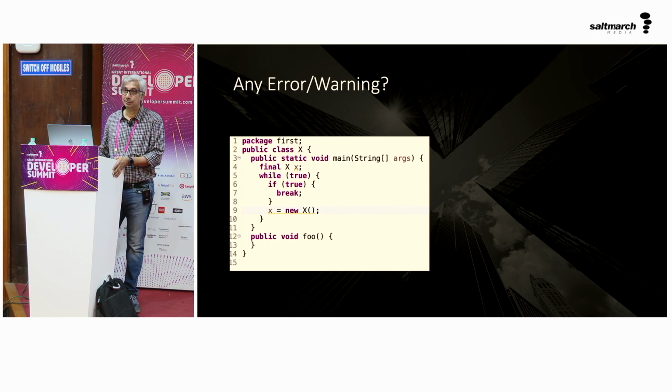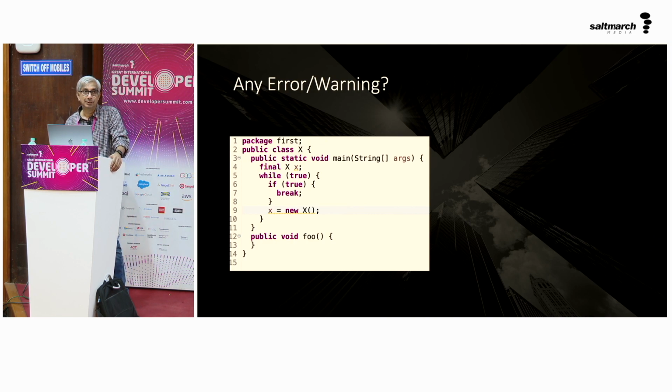X and X? Well, that is perfectly fine, because we are not assigning anything. Initialize the final variable, but we can use it at a later point in time. You don't have to initialize it. You can initialize it only once. You're not using this variable, right?